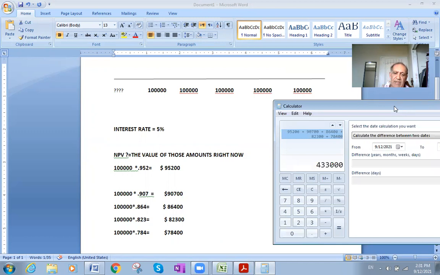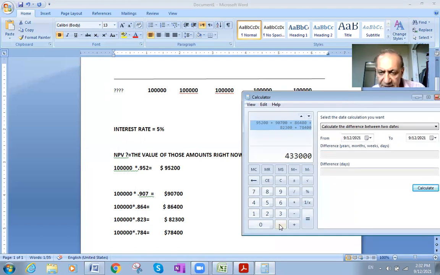This was the first part of how I will calculate, because if I add all those together, 95,200, 90,700, 86,400, 82,300, and 78,400, they will all be $433,000. I hope that I did the calculation right.